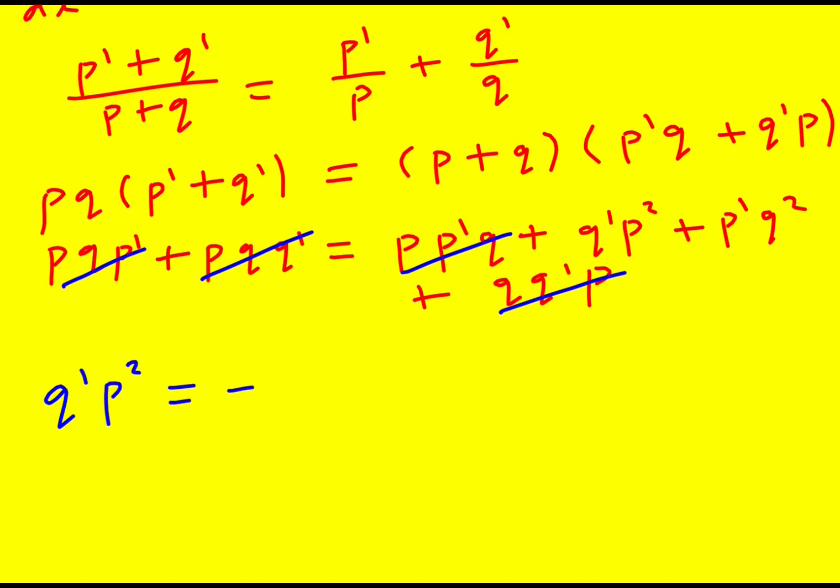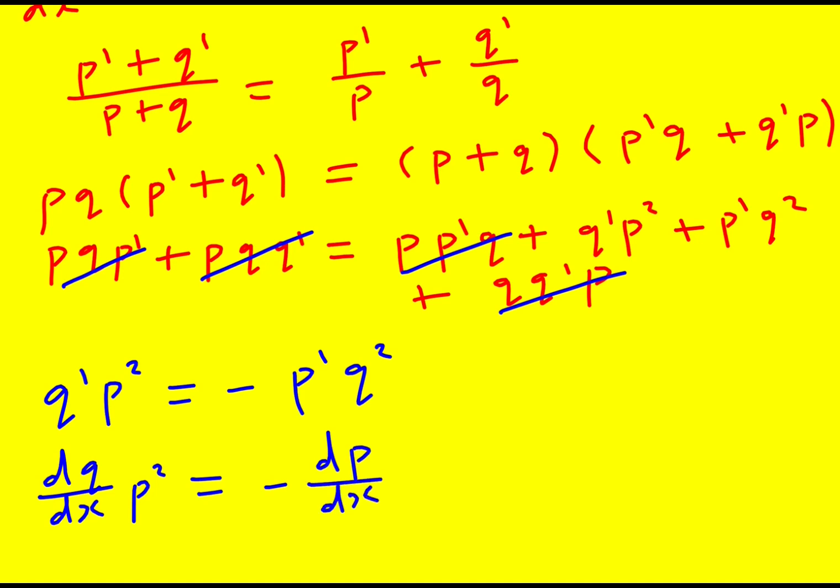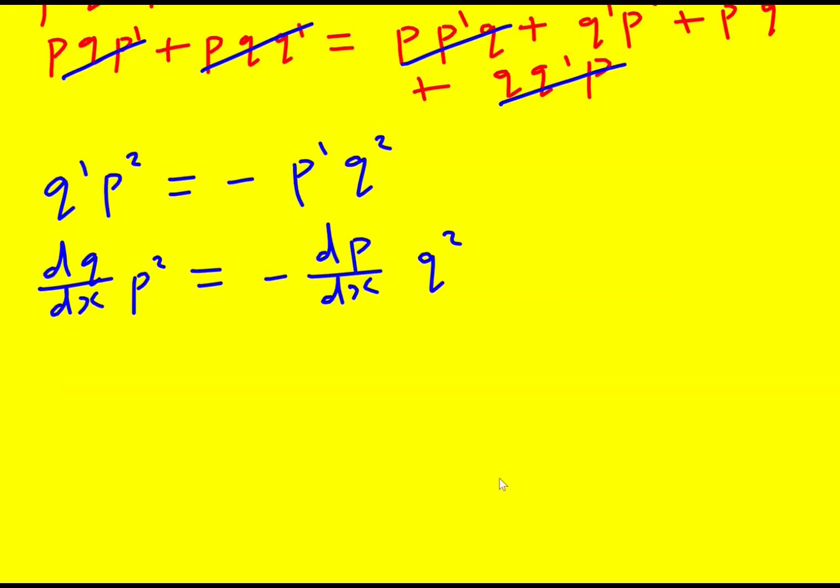Okay, and I could minus this from both sides. And then I could write it in as dq by dx and dp by dx. Not saying you want to do this way, I've already said that, but it will work out. Okay, now we've got derivatives on both sides and p's and q's.